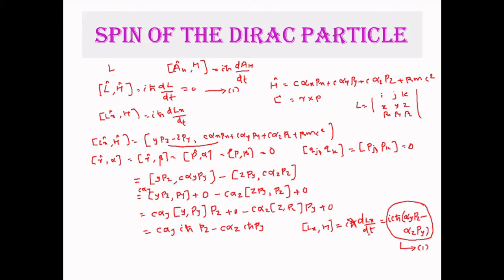Then when you take the sum of these x components, the right hand side will be 0, such that it will be conserved, and then you can interpret that particular sum as the total angular momentum. Now it can be easily shown that the desired additional contribution comes from the operator ħ sigma dash, where sigma dash equals sigma 0 0 sigma, that is, here the sigma is the Pauli spin matrices.